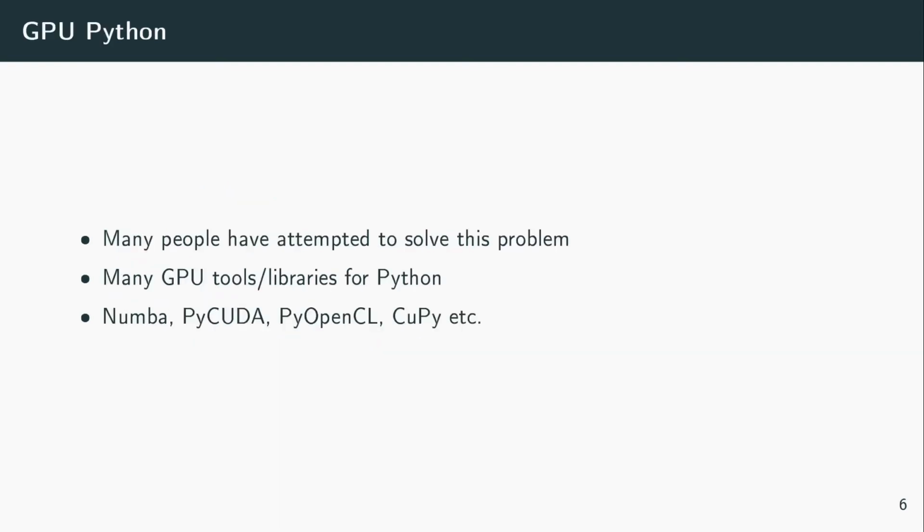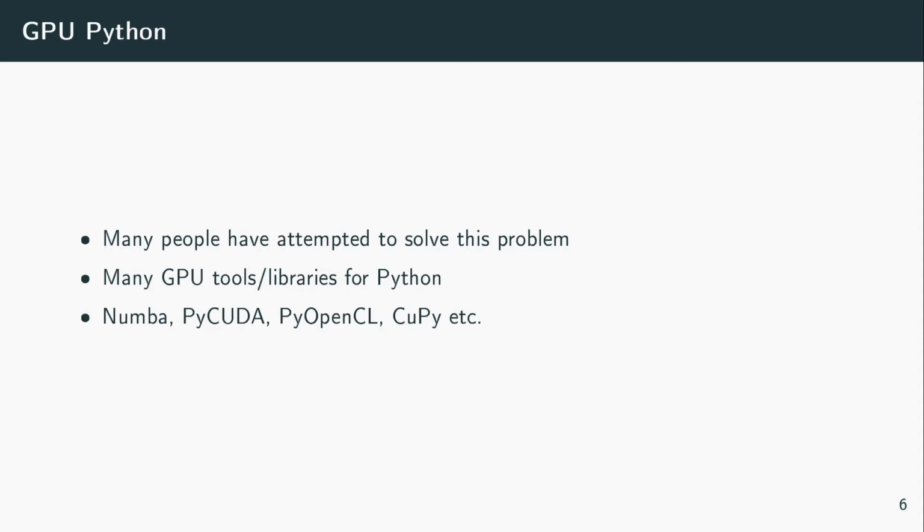Many people have attempted to solve this problem. There are many GPU tools and libraries for Python, particularly Numba, PyCUDA, PyOpenCL, and CuPy. They're some of the most well-known ones. Numba is quite a popular tool, not just for running on GPUs, but for compiling NumPy and Python code just in time to native execution. But it does allow you to schedule your code on a GPU as well.